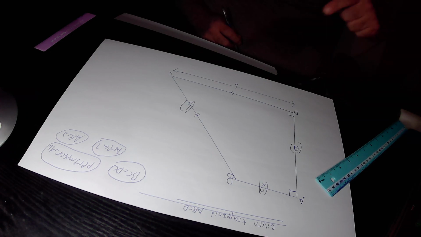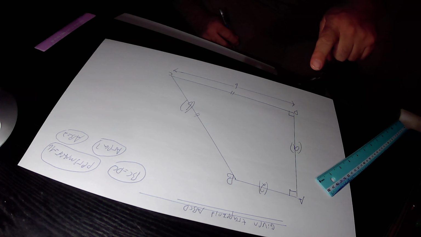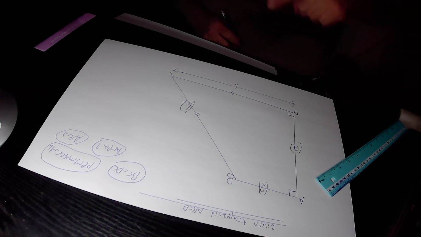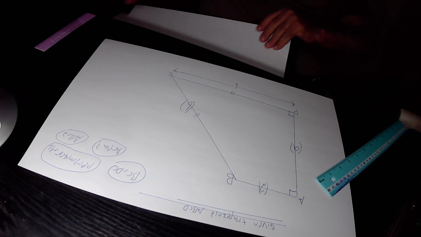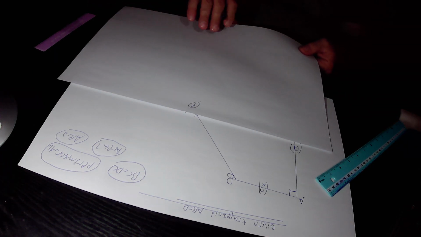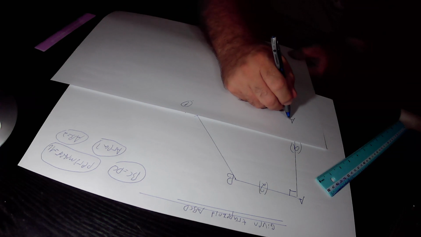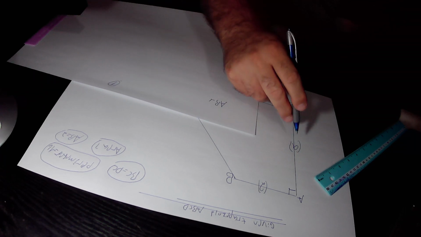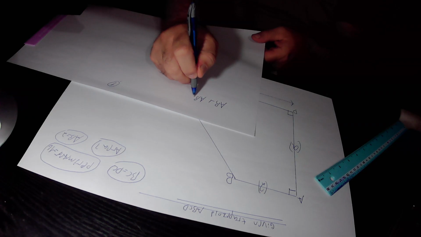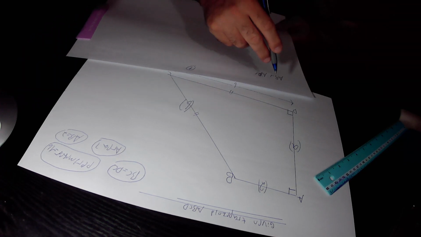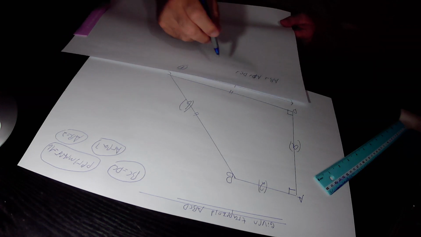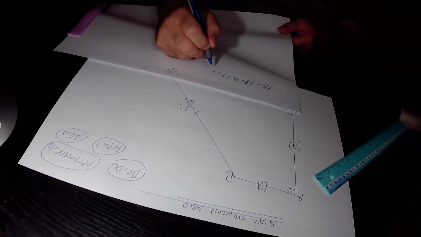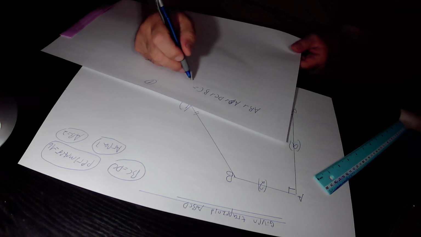That is to say, the sum of its four sides is equal to 16 units. So side AB plus side AD plus side DC plus this side BC, in total they are equal to 16 units.